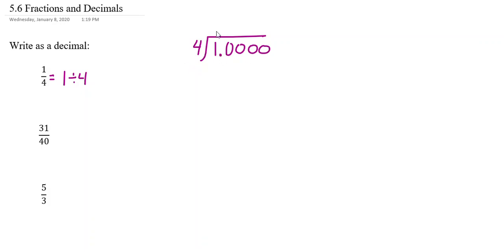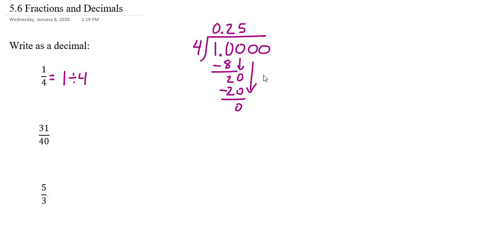4 goes into 1 0 times. Bring the decimal up. 4 goes into 10 2 times. 4 times 2 is 8, and 10 minus 8 is 2. Bring down the next 0. 4 goes into 20 5 times. 4 times 5 is 20. Subtract, and we end up with 0.